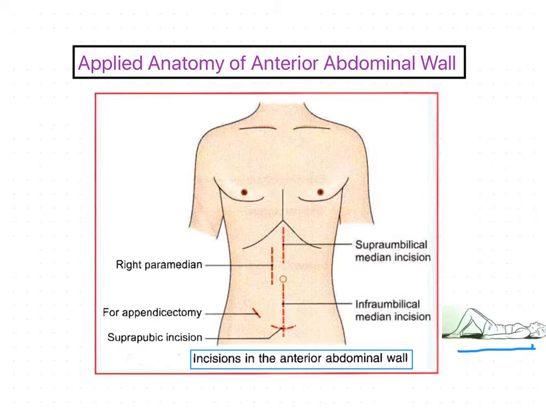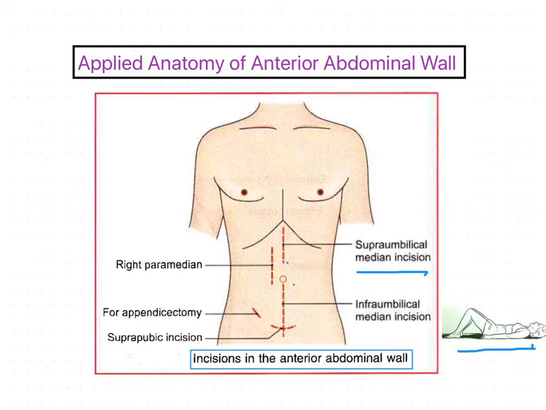There are different kinds of abdominal incisions. The first one is the supraumbilical median incision. That means the incision is given above the umbilicus, along the median line. Such an incision is called a supraumbilical median incision.